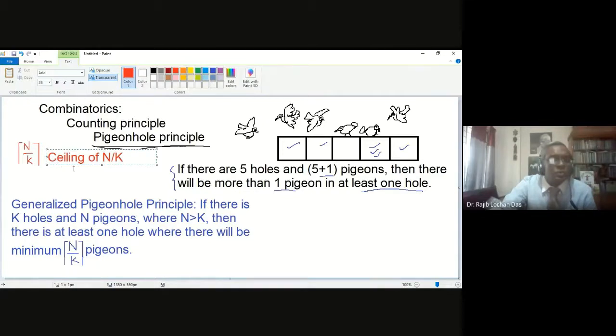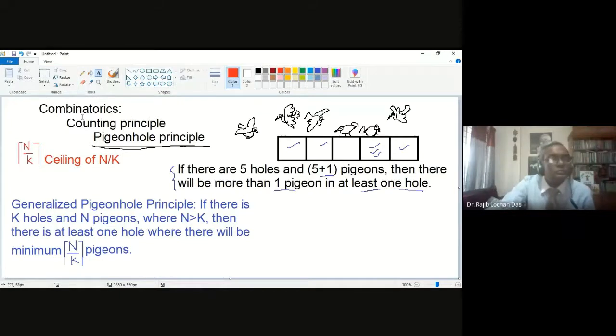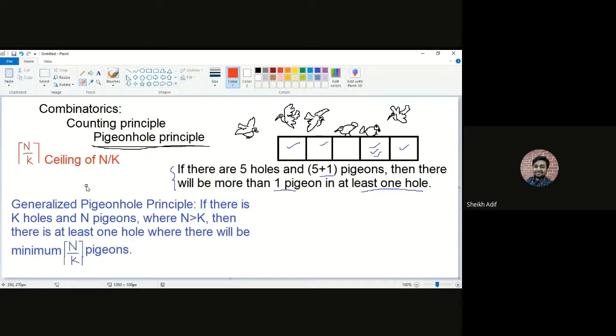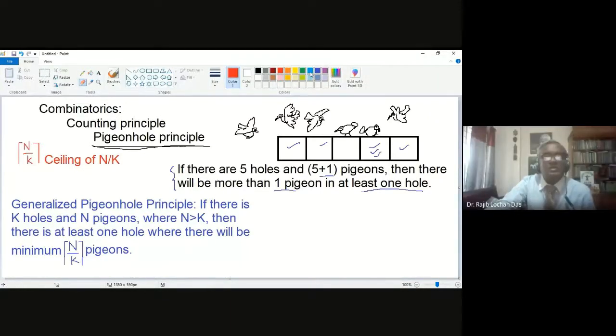So do you understand what is ceiling? The ceiling is if there is any fractional number, then we take the next greater number. Exactly, it is correct. The next whole number. So let me give you an example. Say we are dividing 30 by 7.